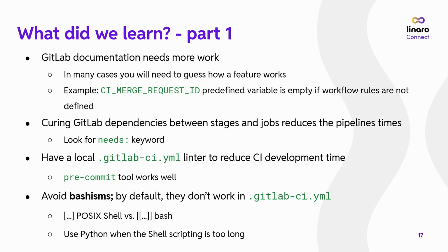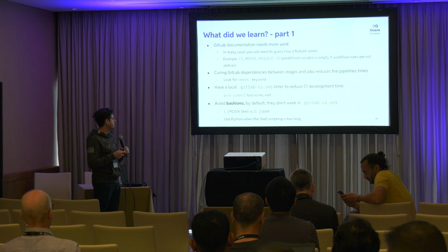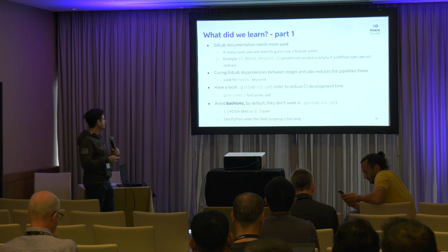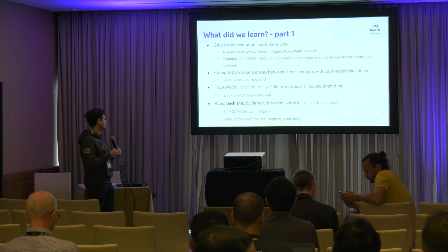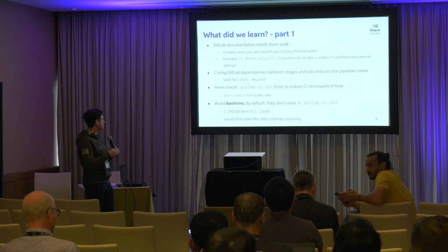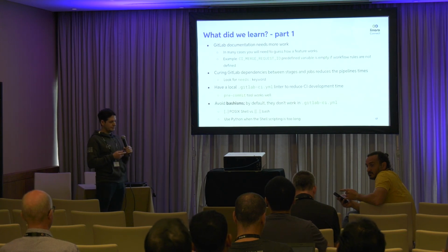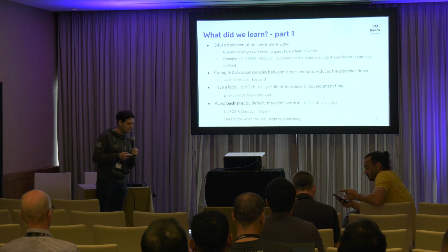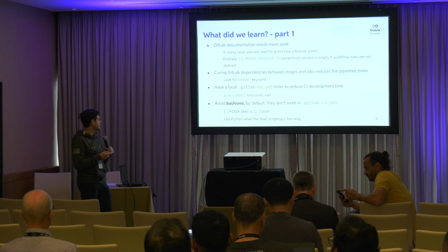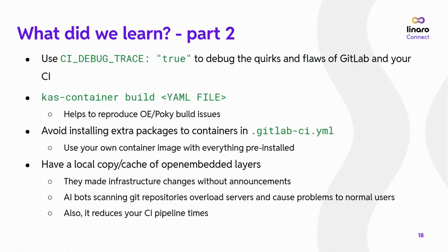Also how to improve the CI development time using the pre-commit tool, so we can check the configuration before reaching GitLab, and also some advice on how to avoid using things like bashisms, because everything inside of a GitLab pipeline runs on POSIX shell, and also how to debug things on GitLab.